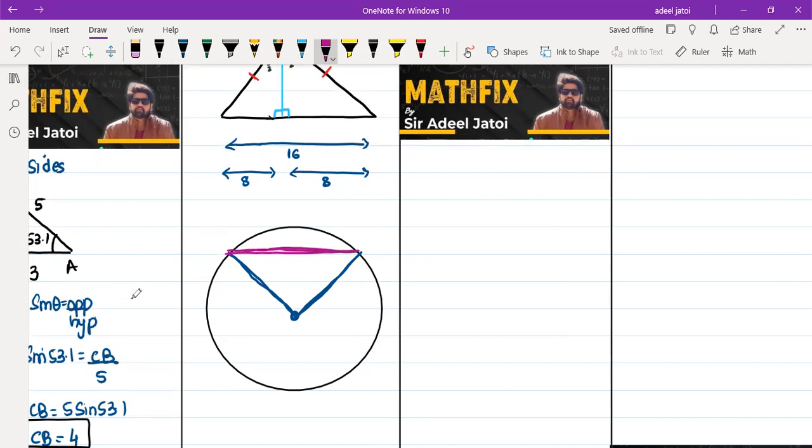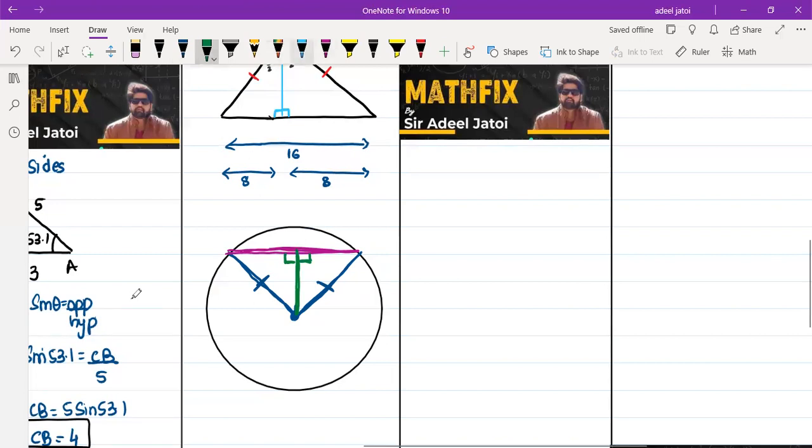Now when we have two radiuses, these two radiuses are equal and there is a chord. Now a line is extended from the center of the circle to the chord. This will also create a right angle triangle.